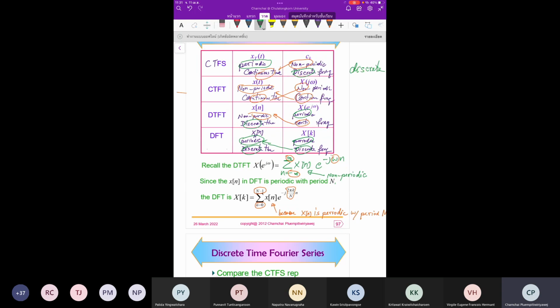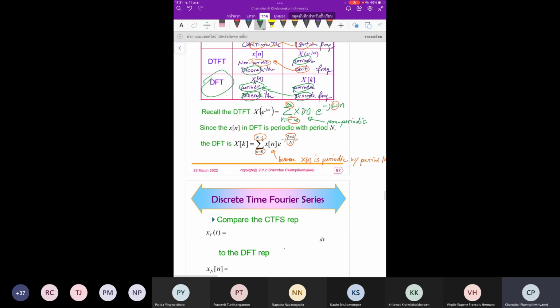We have four things: CTFS, CTFT, DTFS, and DFT. The problem is, what is DFT? How come we call it DFT, but not, what's missing here?